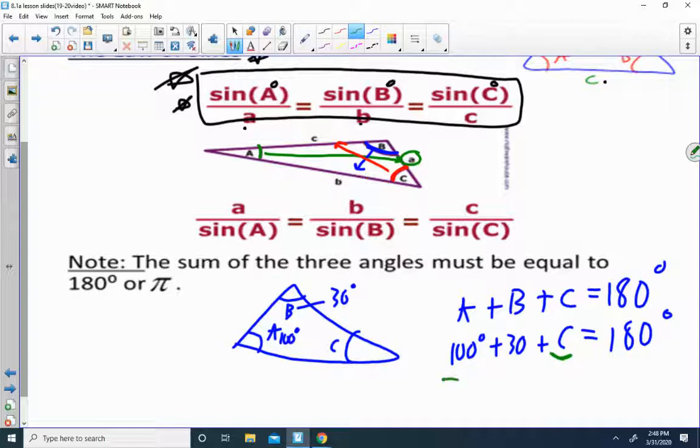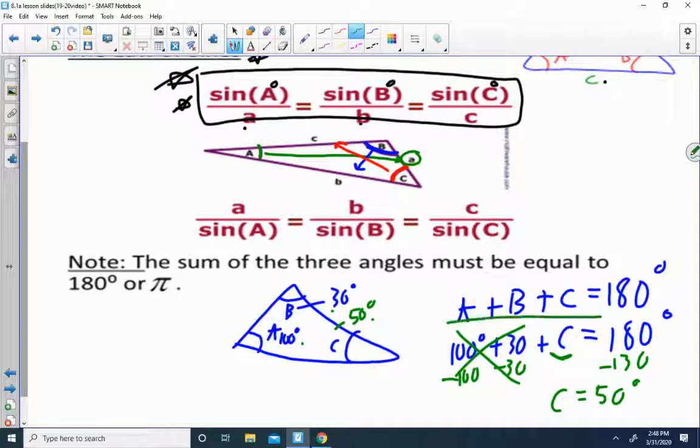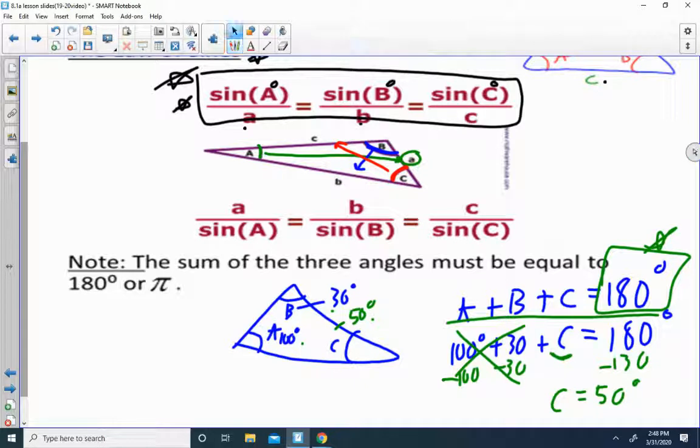So for example, you can subtract 100, you can subtract the 30 over, or in other words, subtract 130 over, and you'll get that C should be equal to 50 degrees. Using that fact, finding the angle should be easy because you know all 3 angles have to add to 180. We will be using that in this lesson, so just a heads up.